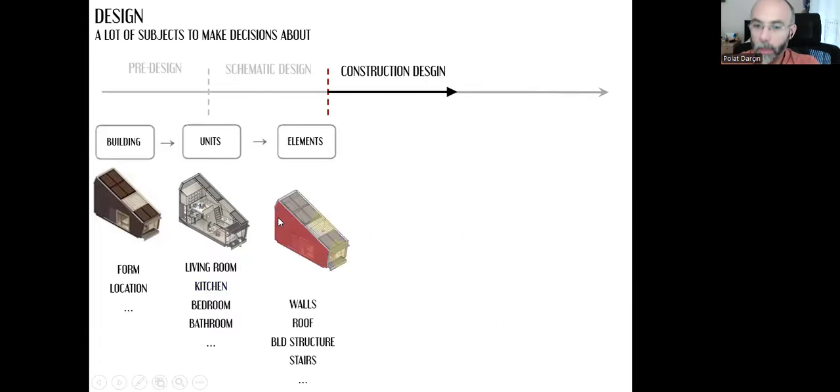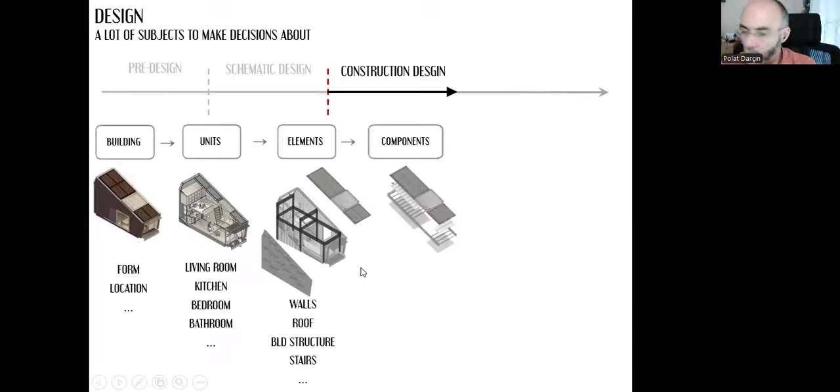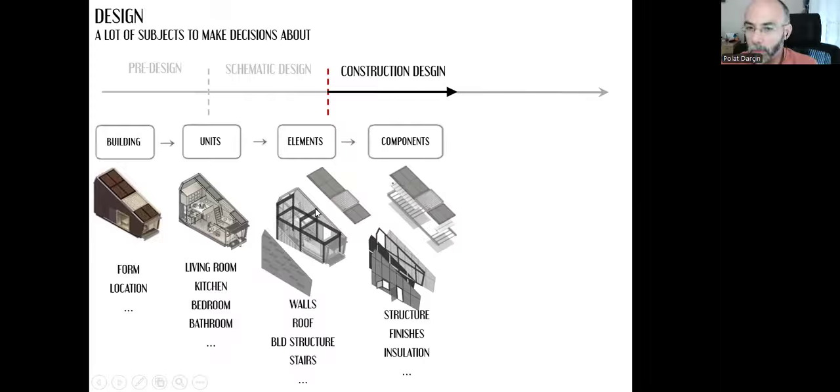And as you remember, each one of these building elements is made out of components. So once we make decisions about the building elements, we need to move on to think about the appropriate components. Here we talk about building structure, that's an element.